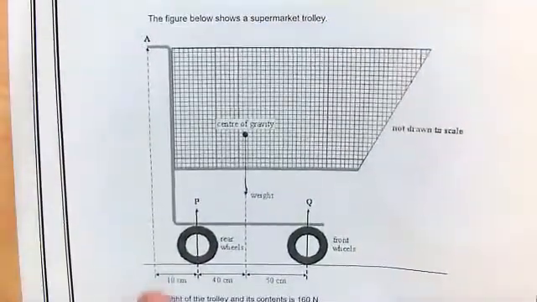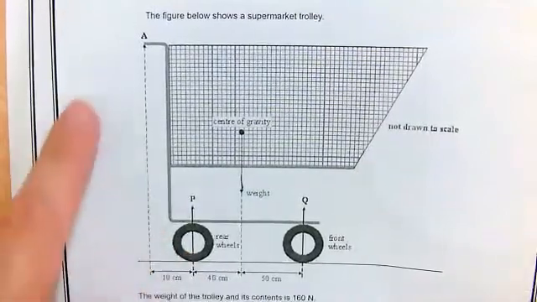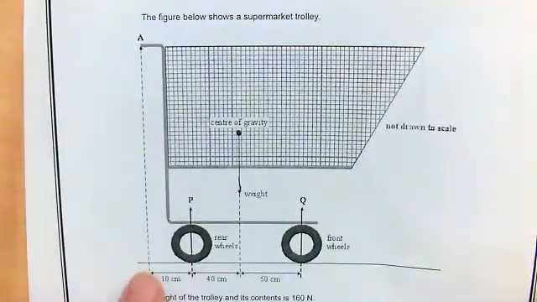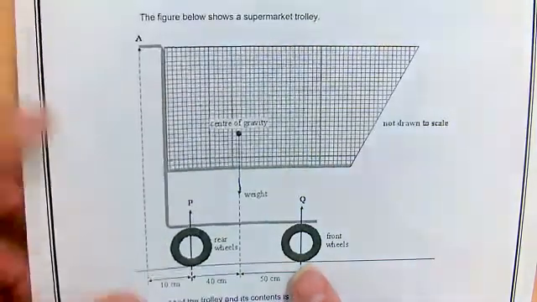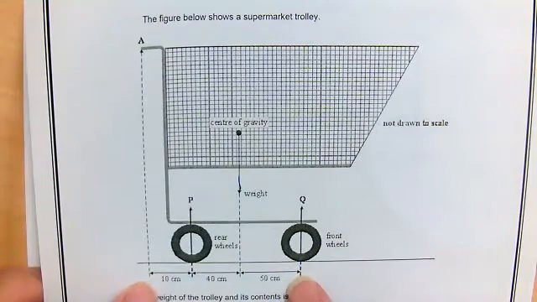if we think about it, if we're trying to lift these rear wheels up, we're applying a force from A here. The pivot is over here. So instead of being 10 centimeters away from the pivot, we're now a meter away from the pivot. Okay. So as we've got a greater perpendicular distance, we can provide a similar moment with less force.